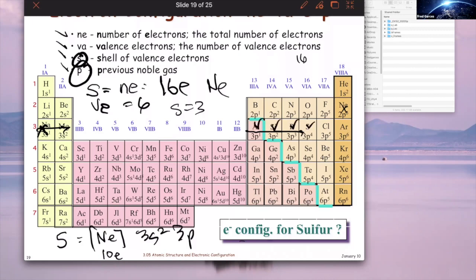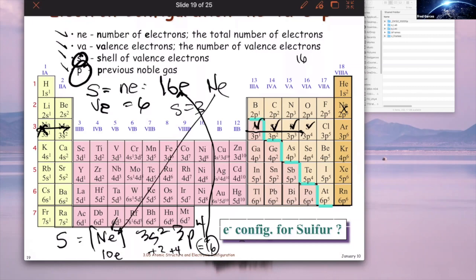That's the electron configuration for sulfur. The electron configuration for sulfur is neon core, 3s2, 3p4, a total of 10 plus 2 plus 4 equals 16. 16 total electrons. Neon is the core.